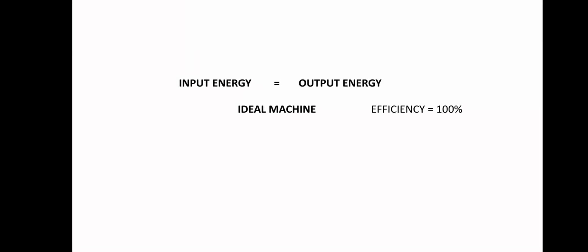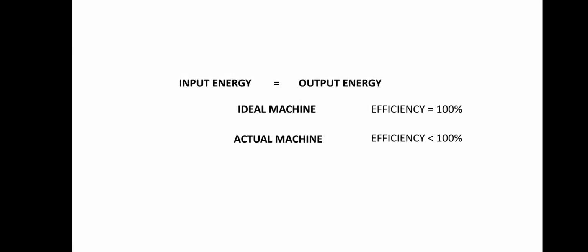But in an actual machine, practically, the efficiency is not always equal to 100%. That means the same amount of input energy given to the machine is not obtained as output energy, so the efficiency becomes less than 100%.